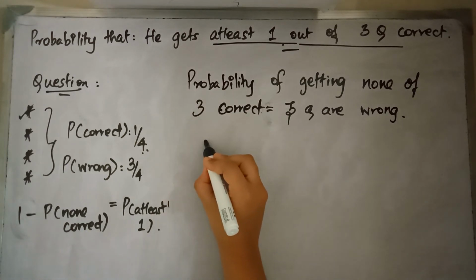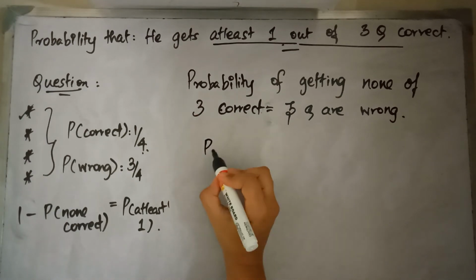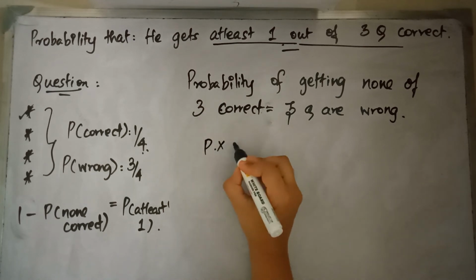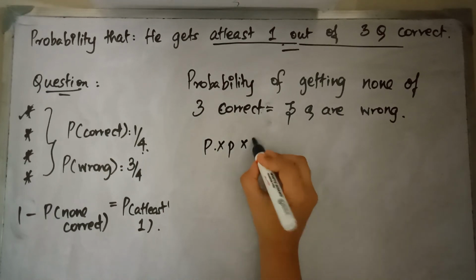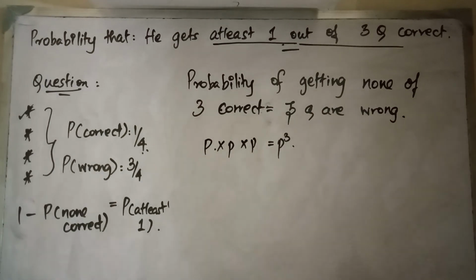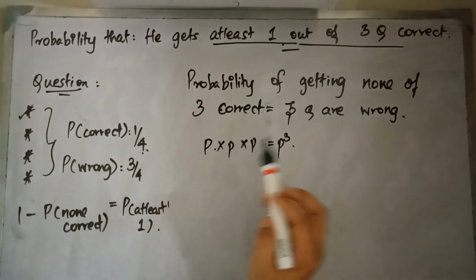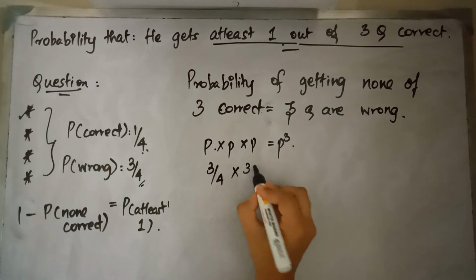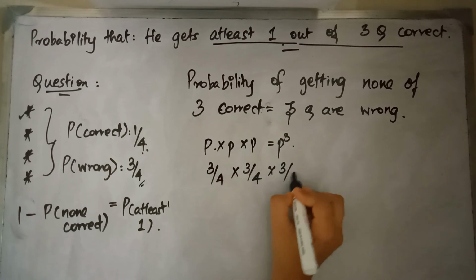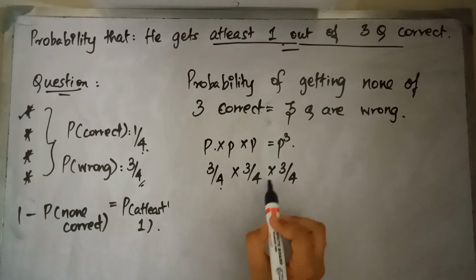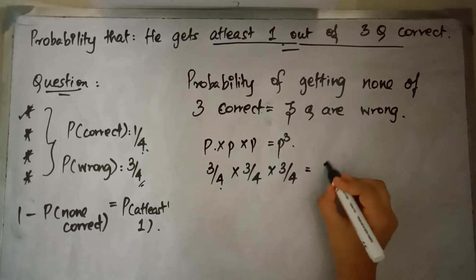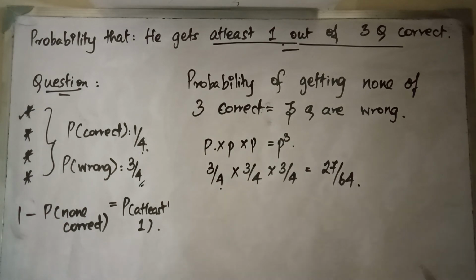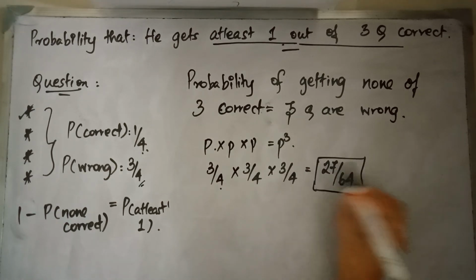Now, we know that if the probability of, let's just say, him getting 1 question wrong is P, and it happens 3 times, because there are 3 questions, then it will become P cube, right? So likewise, the probability of him getting 1 question wrong is 3 by 4. And it happens 3 times because he gets 3 questions wrong. So it will be 3 by 4 into 3 by 4 into 3 by 4. And this gives us 27 by 64.